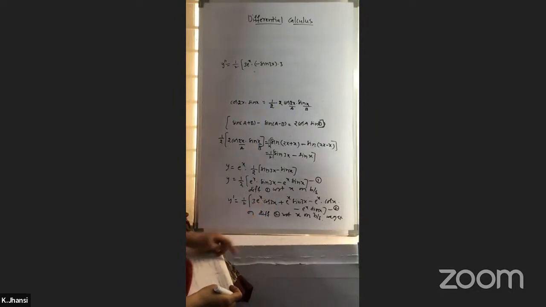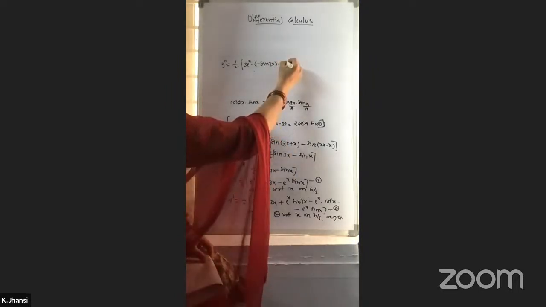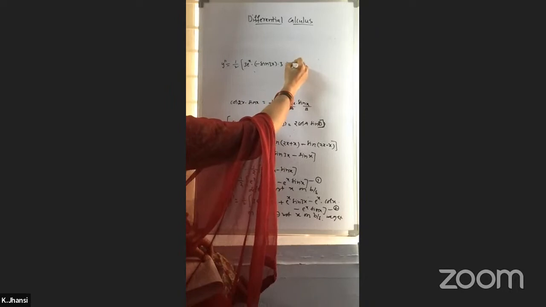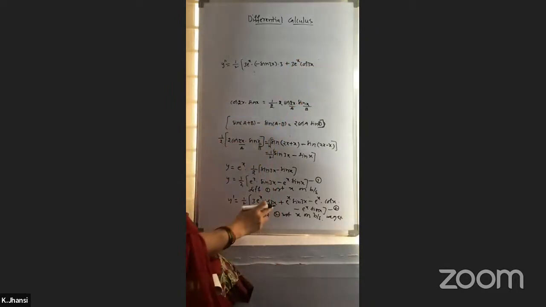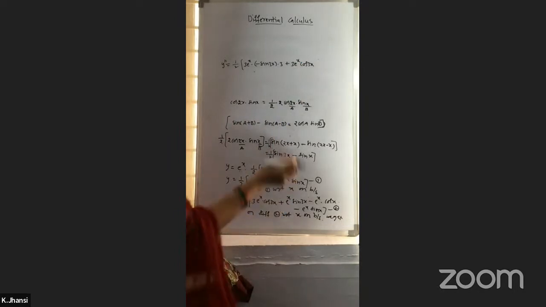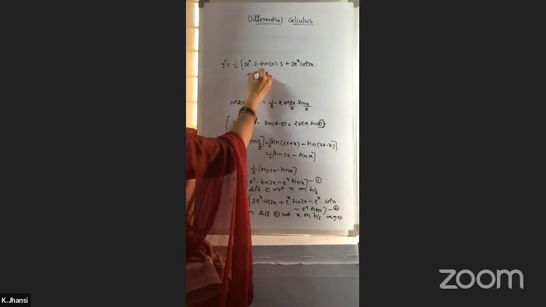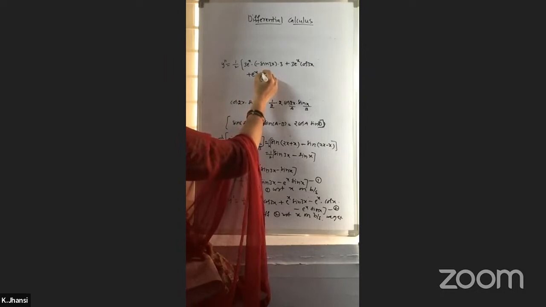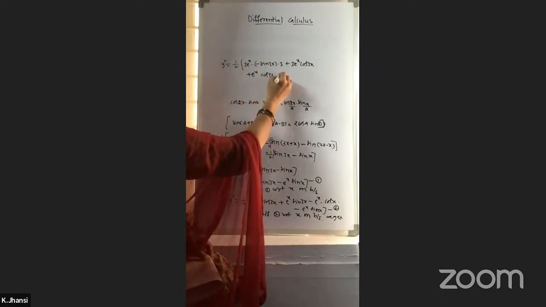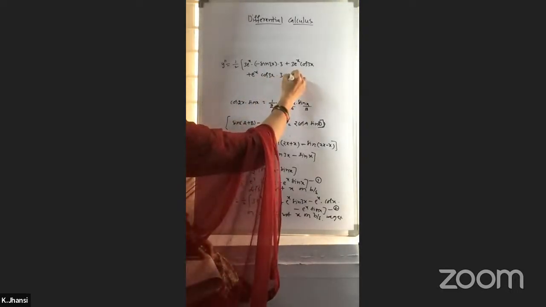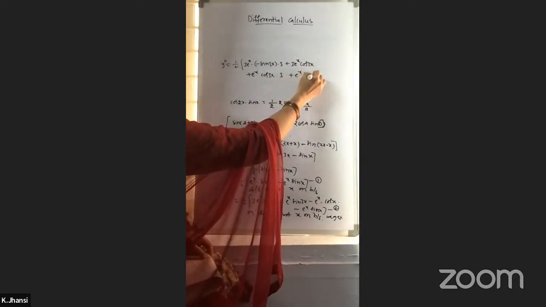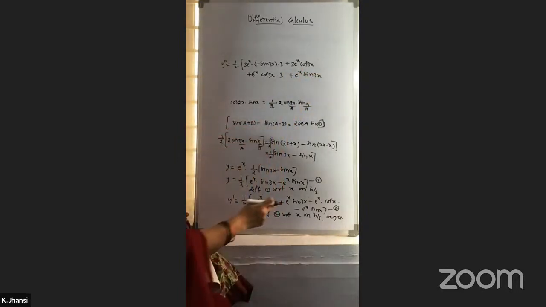And again, one more time, plus 3 e to the power of x cos 3x. Okay. Only this part we have done. Again, this part means plus e power x sin differentiation is cos 3x into 3, plus e power x sin 3x. Okay, this is the second one.